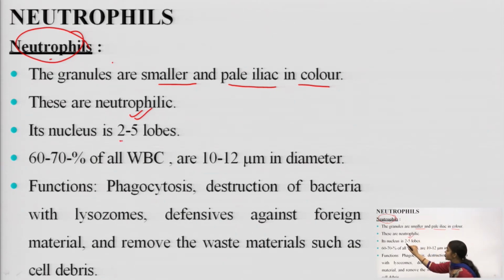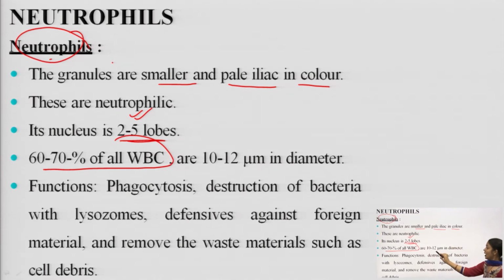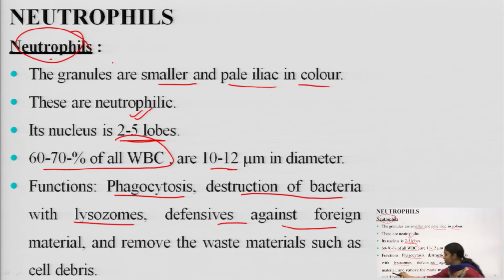Its nucleus has 2 to 5 lobes, and about 60 to 70% of all WBCs are neutrophils, and they are 10 to 12 micrometers in diameter. Their functions are phagocytosis, destruction of bacteria with the lysosomes, defense against foreign material, and removing waste material such as cell debris.